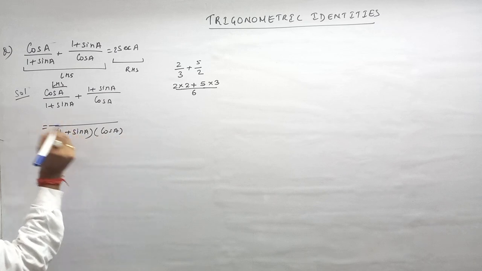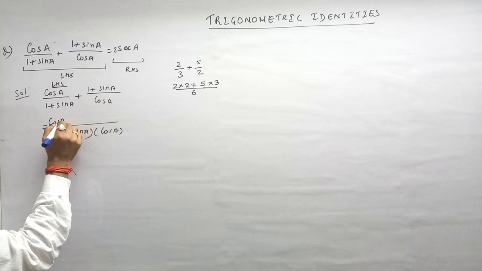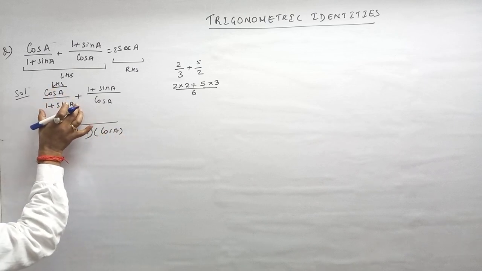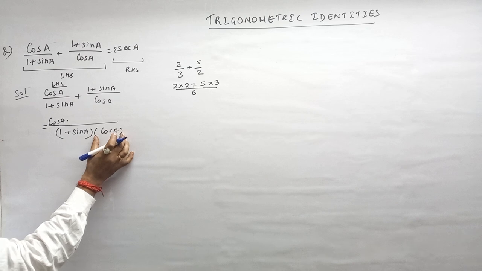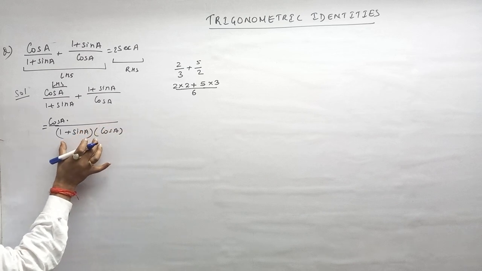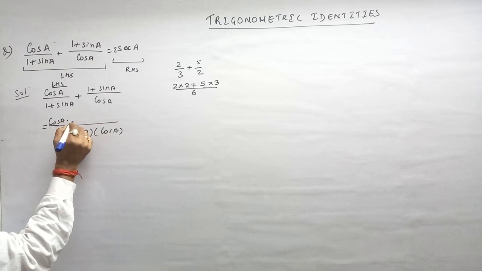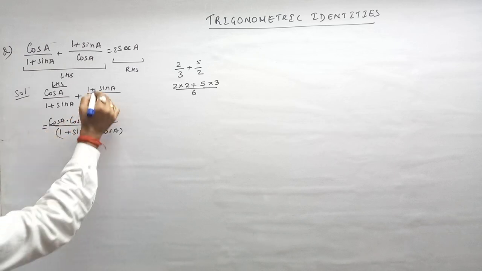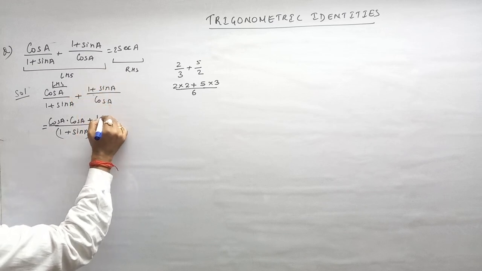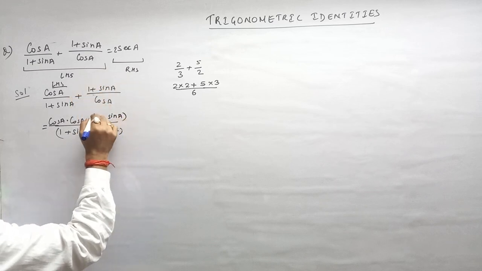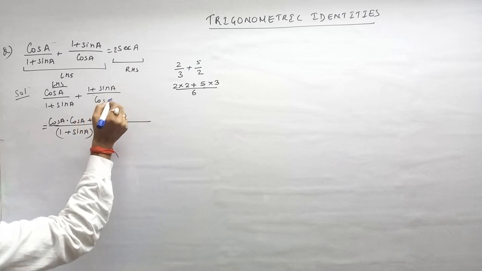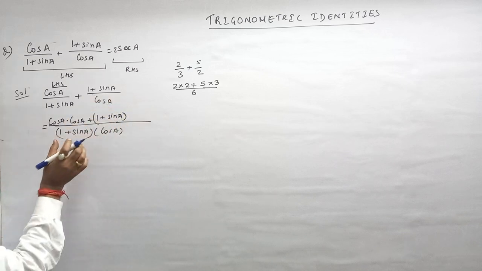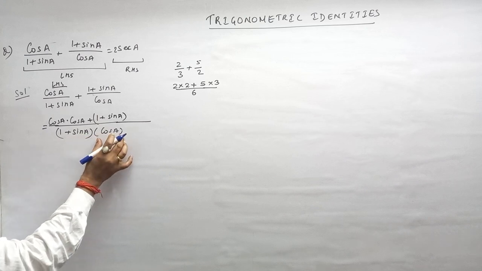It is clearly understood, this is cos A, and 1 plus sin A has to be multiplied by cos A. So this is cos A into cos A, plus here we have 1 plus sin A. Now the denominator cos A should be multiplied by what to get 1 plus sin A into cos A?